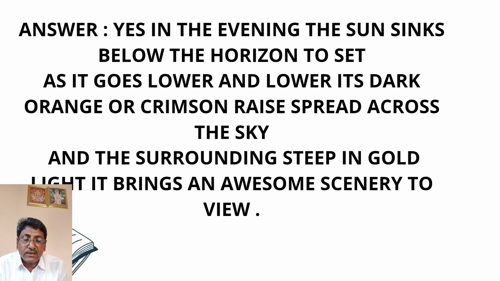Yes, in the evening the sun sinks below the horizon to set. As it goes lower and lower, its dark orange or crimson rays spread across the sky, and the surroundings are steeped in gold light. It brings an awesome scenery to view.